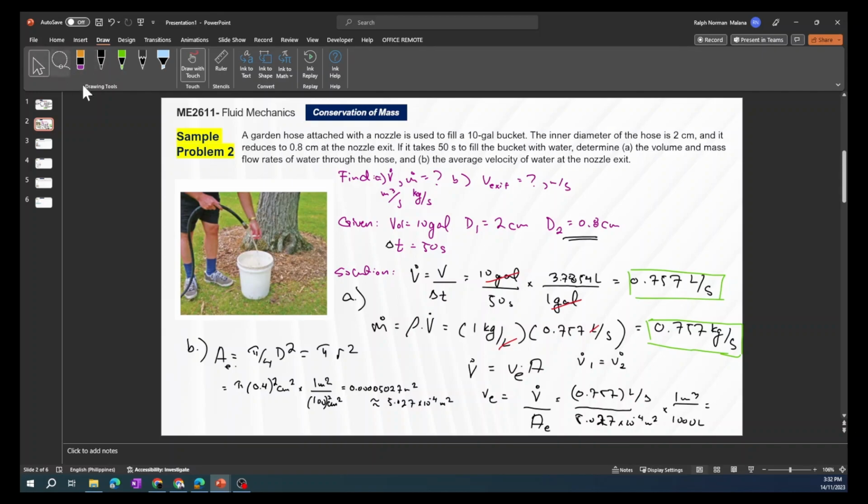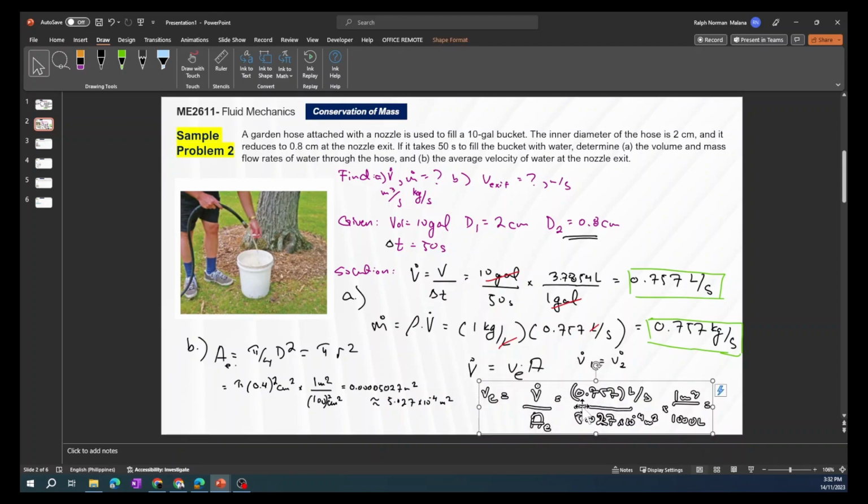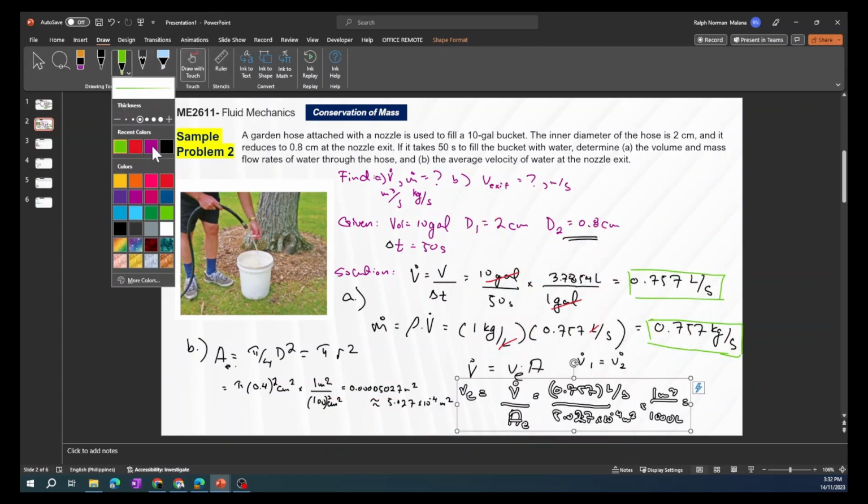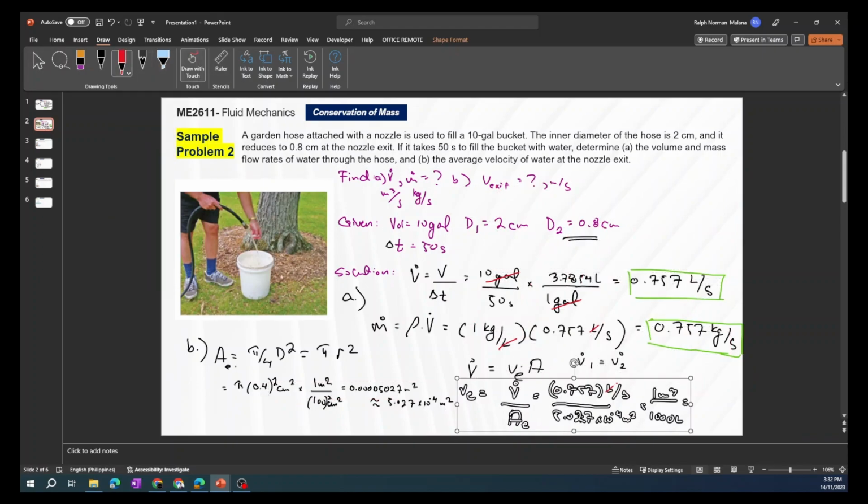And our final answer would be, wait, let's just do some unit analysis here. Okay, so liters will be cancelled out. Meter squared will be equal to meter here. It will be meters per second. So we're going on the right path.